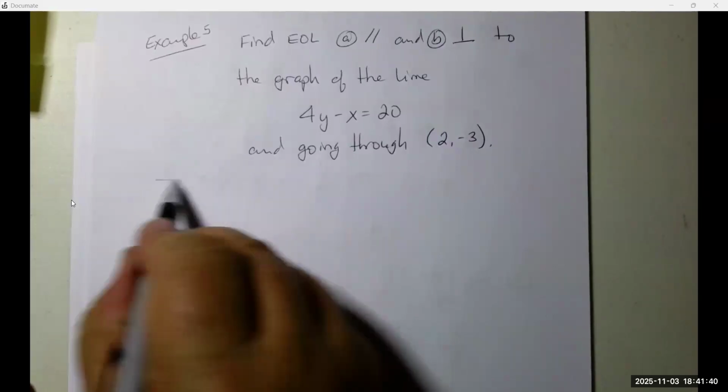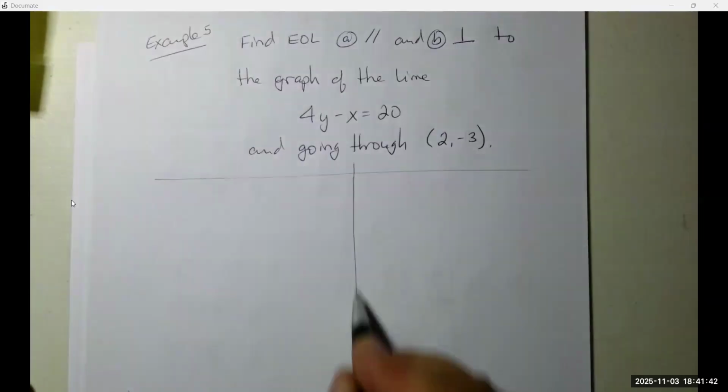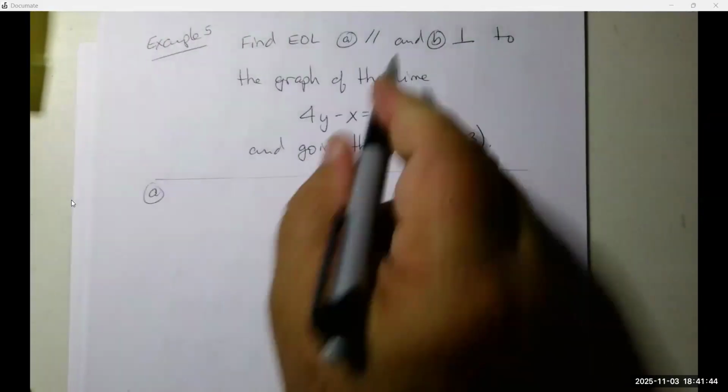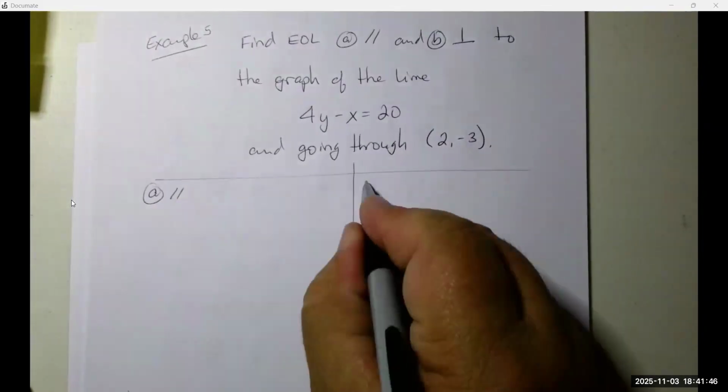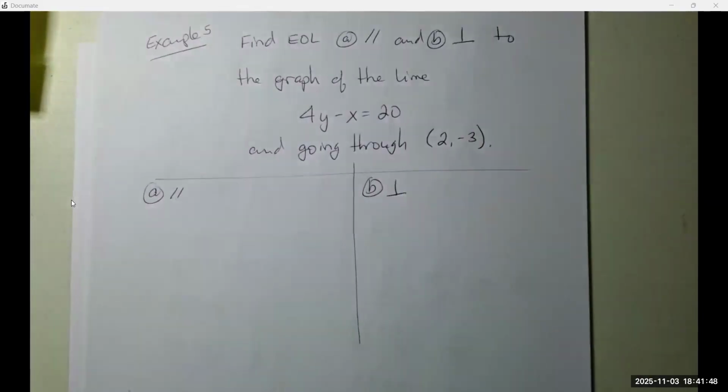So we have two of these equations to do. A is going to be parallel and B is going to be perpendicular.